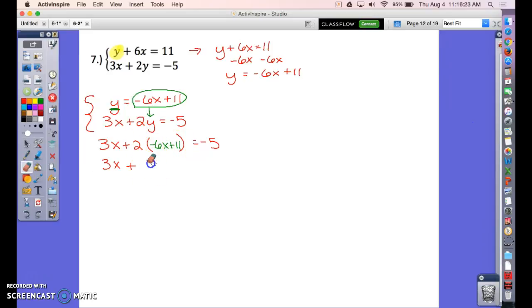Really, a positive 2 times negative 6 is going to be a minus 12x, so I'm going to just change that to a minus sign. Plus 22 when I distribute. Combine like terms. Isolate your variable.